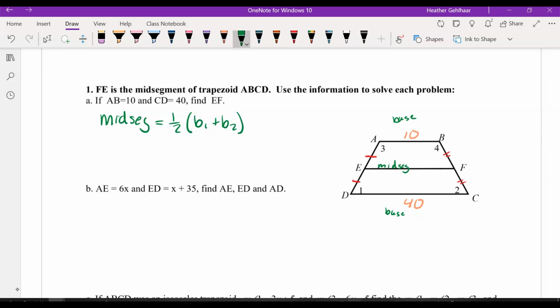So here we're going to have the midsegment, and I'm actually just going to put the letters for it. So we have EF equals 1/2 times 10 plus 40, which is EF equals 1/2 times 50. So then we'll get here EF will equal 25.